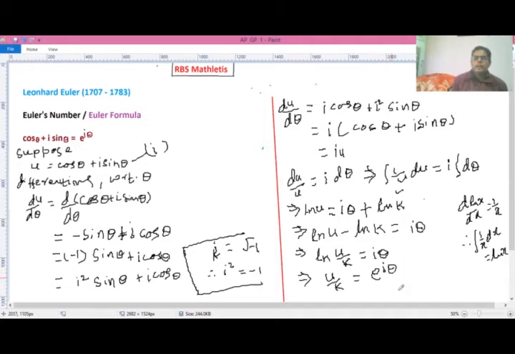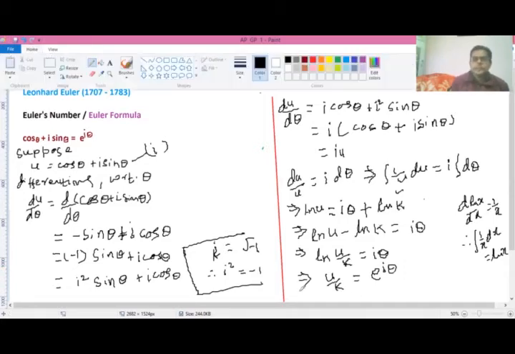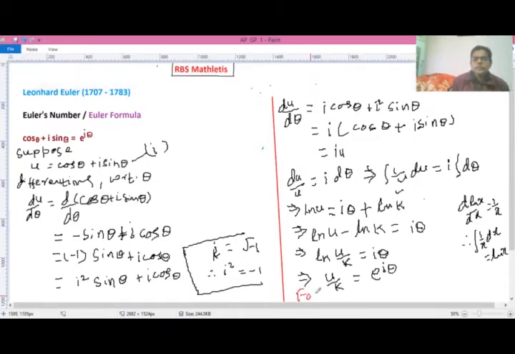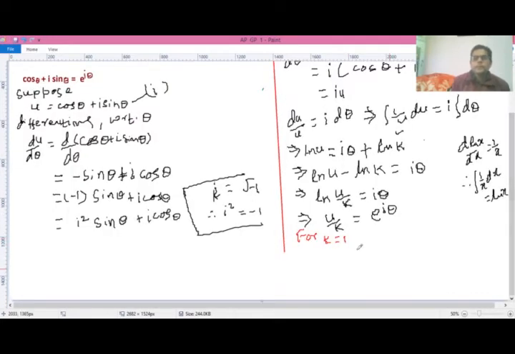Alright, and then for k, that constant, if you take that as 1, in that case what you could write here is u equals e to the power I theta, and from 1 you can see here that in place of u you can write it again, that is cos theta plus I sin theta.